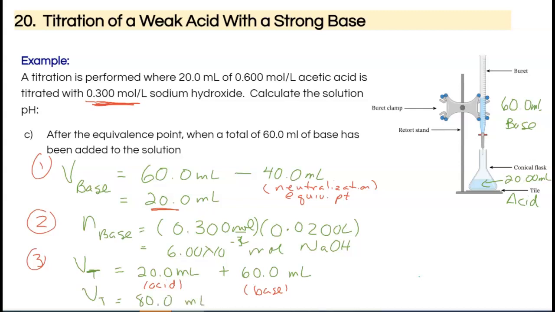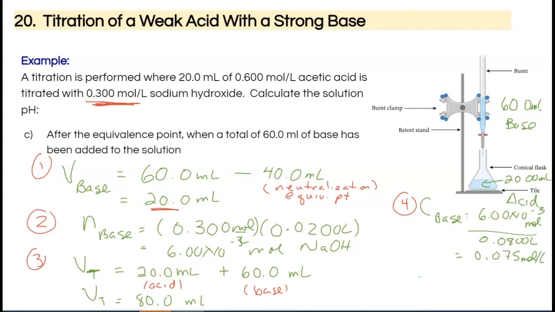So I've got 6 times 10 to the -3 moles in 80 milliliters of solution, and I need to work out my new concentration. We'll call that step 4. Step 4 is the concentration of my base equal to the 6.00 times 10 to the -3 moles divided by the 0.0800 liters, giving me a concentration of 0.075 moles per liter of my base.